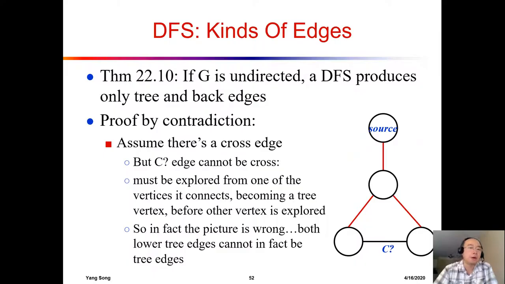And let's do another one. If we have the source, and then the tree edge here, and two tree edges here and here, then this will be a cross edge, right? But the theorem says if we are doing depth first search, we won't have a cross edge. And can we have this one?